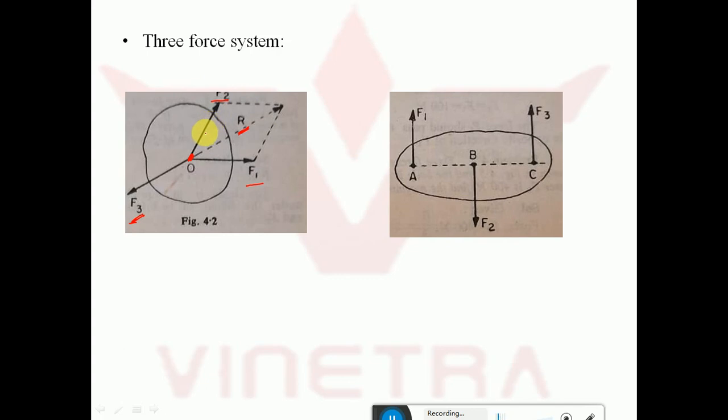The resultant of F1 and F2 is given by R. If the force F3 is collinear, equal and opposite to the resultant R, then the body will be in equilibrium.